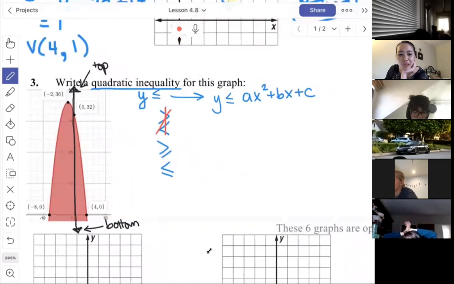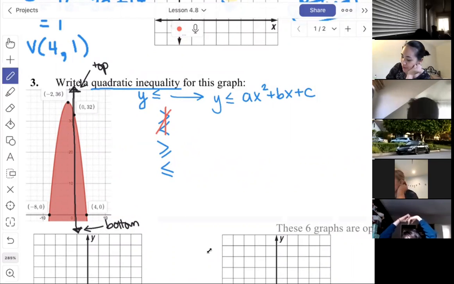This one's a little bit tougher. It's not super clear just by looking at the graph what a, b, and c are. What's probably helpful is the fact that we know the vertex.